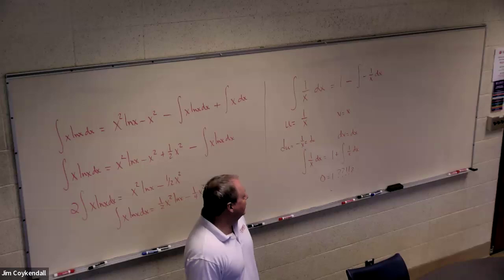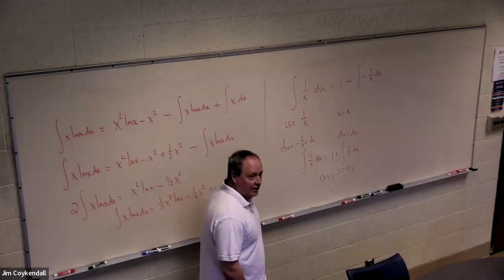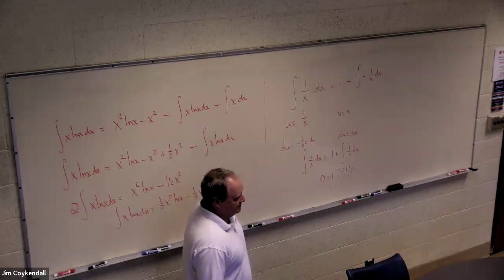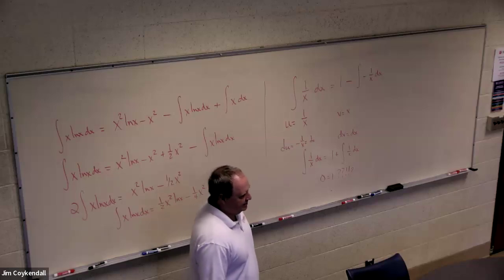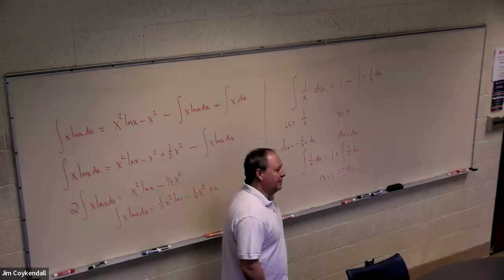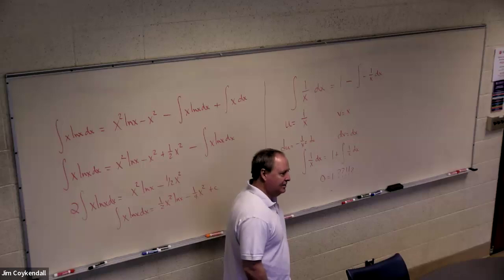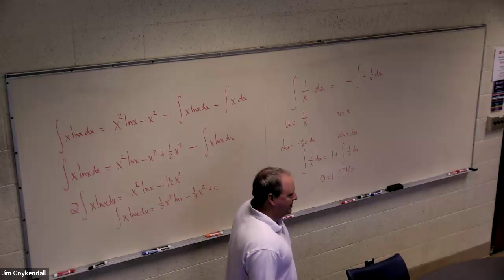Give me another. What's the derivative of log x? Is that the only function whose derivative is one over x? Is there any other function whose derivative is one over x?